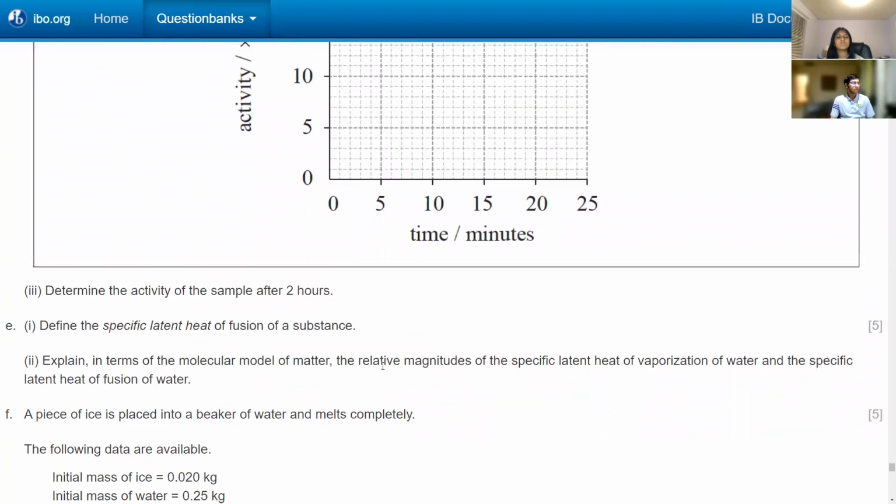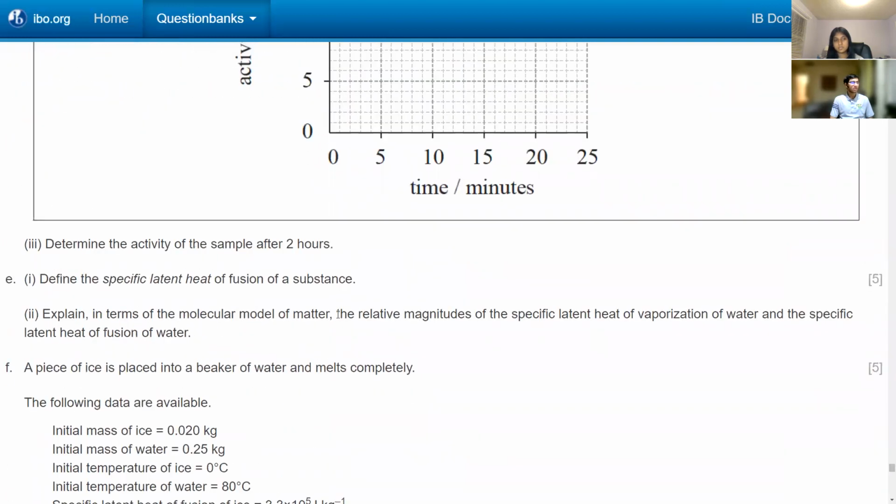Explain in terms of the molecular model the relative magnitude of the specific latent heat of vaporization of water and the specific heat of fusion. Vaporization is higher because it takes more energy to completely separate the molecules. It takes more energy to break those intermolecular bonds.